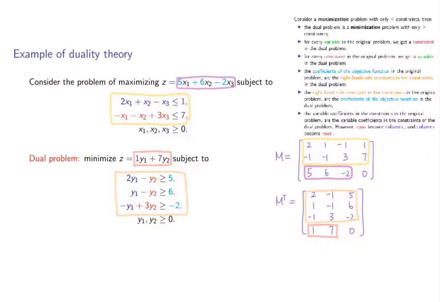And since there are 3 columns, it means that in this dual problem, there will be only 2 variables, and the third column represents the corresponding right-hand side constants of those constraints. Therefore, if we read this information from the transpose of the matrix M, we get the corresponding dual problem.